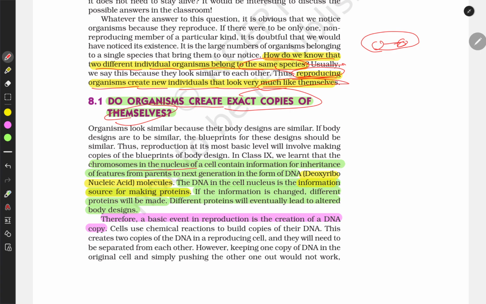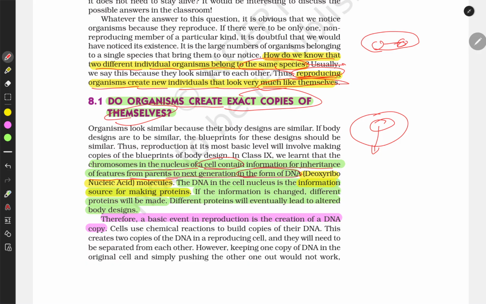The chromosome in the nucleus of the cell contains information for inheritance of features from parent to next generation in the form of DNA. We have already studied in the previous chapter that there is a cell and each cell has a nucleus, and the nucleus contains chromatin, and chromatin at the time of cell division converts into chromosome.